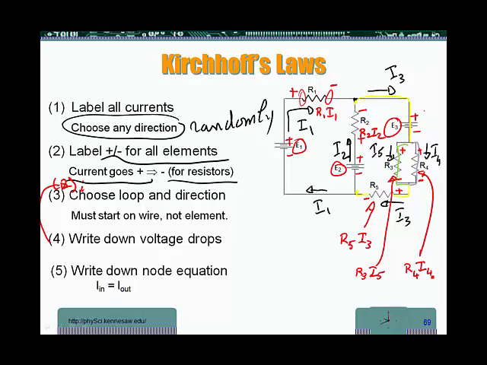Now, steps 3, 4, and 5 are what is actually going to get us to finalize the setup. So what I did here is the setup, but the actual calculations are going to come next.